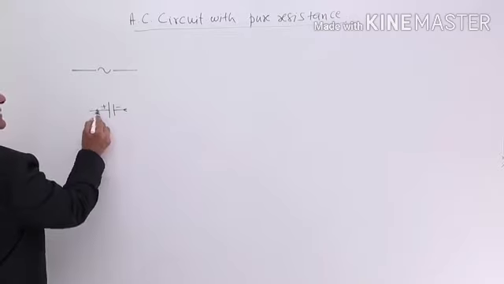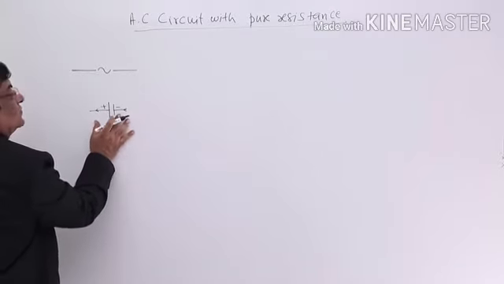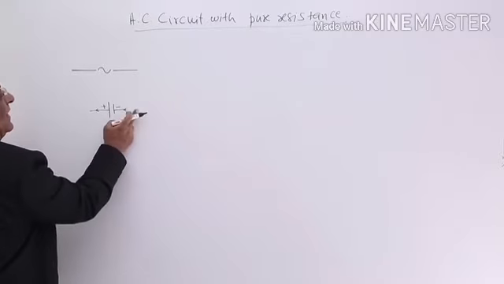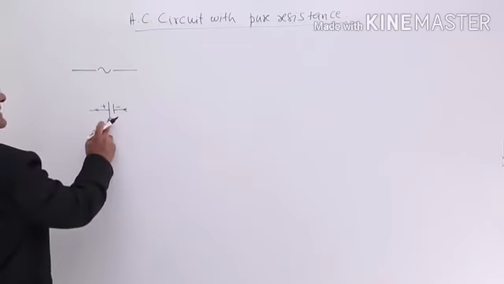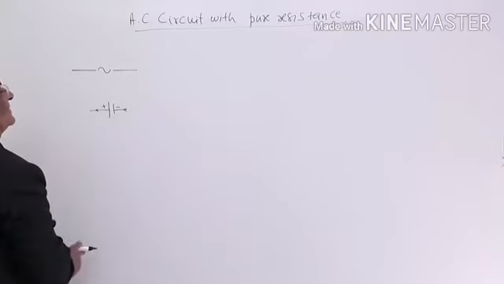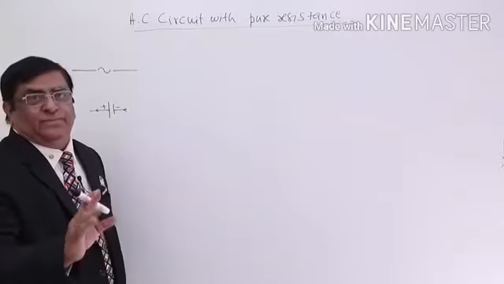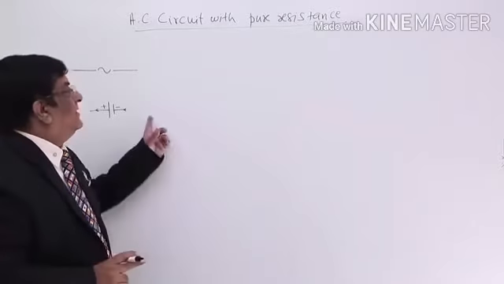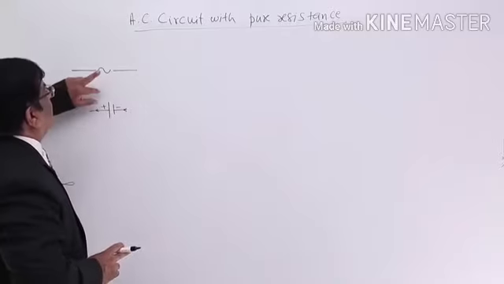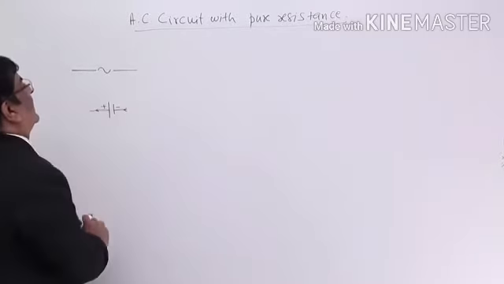So this was the notation used for DC EMF and DC current. But for AC, the direction is on both sides. We don't use an arrow for that. For EMF, the EMF is also variable, so we use this sign, variable.